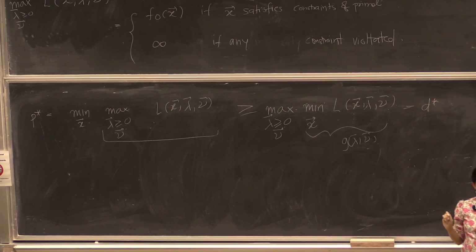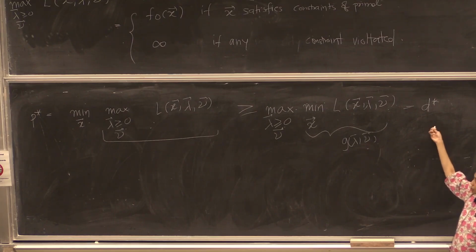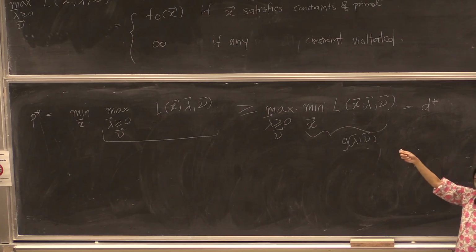So we argued in a different way last time. We said that p star is always greater than or equal to d star. We proved that by showing that we have a stack of lower bounds. Each lambda and nu gives a new lower bound, so we tried to find the best one, and the best of those is always going to be a lower bound on p star.